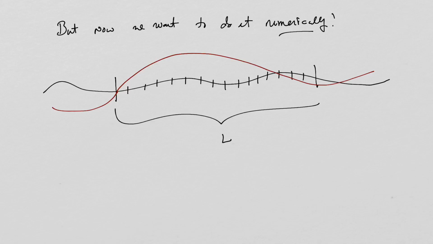That's the longest wavelength I can possibly recover, because if the wavelength is longer than that, my sample is too small to tell that it's actually there. On the other end, if I have a wavelength comparable to the spacing, then I'm also not going to be able to resolve that, because I don't have enough points along the wave to tell whether or not it exists.